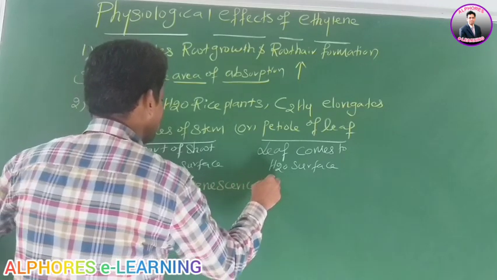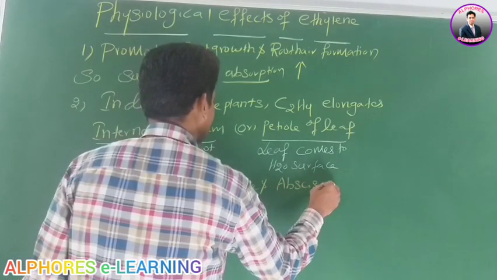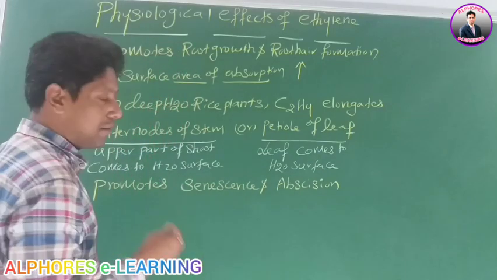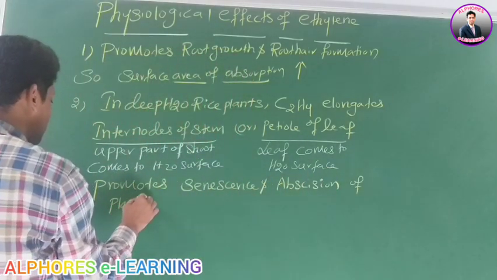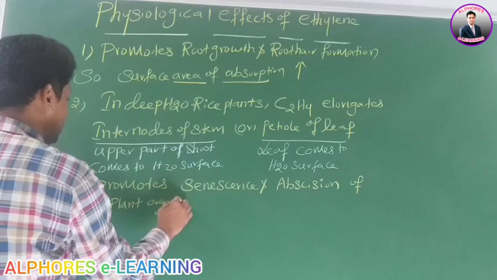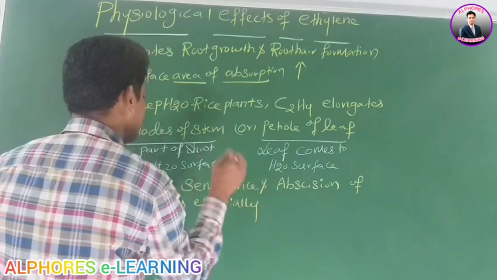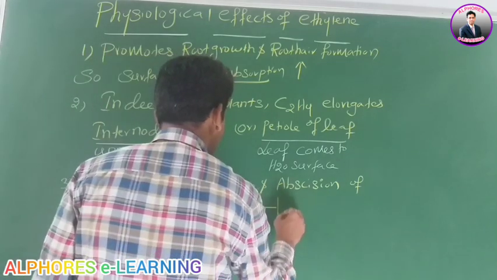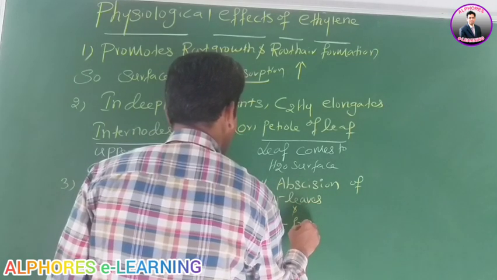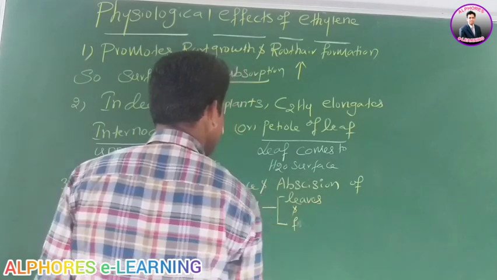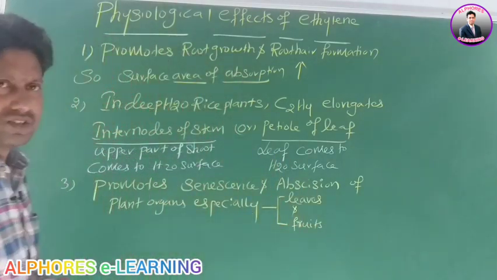Senescence and abscission of plant organs. Especially what and what, sir? Especially leaves and fruits. Is this statement okay?